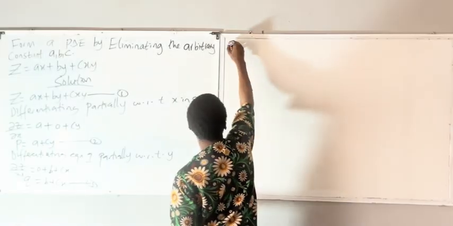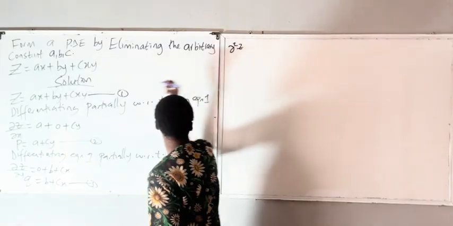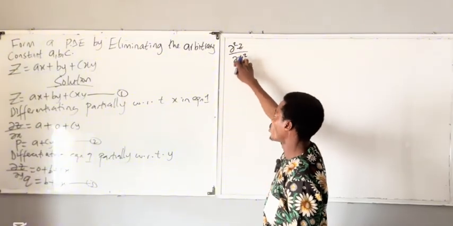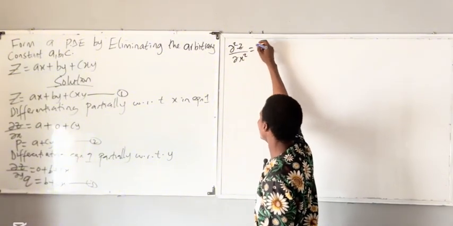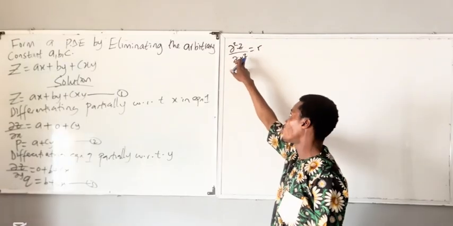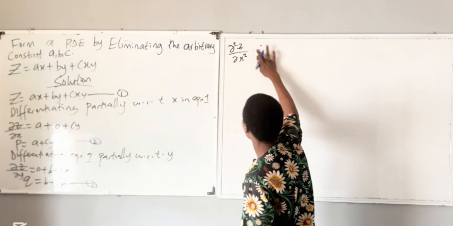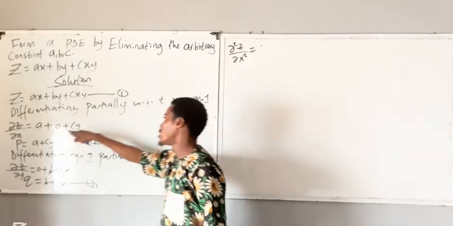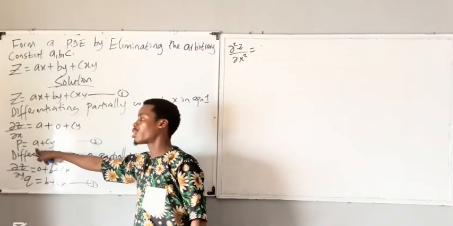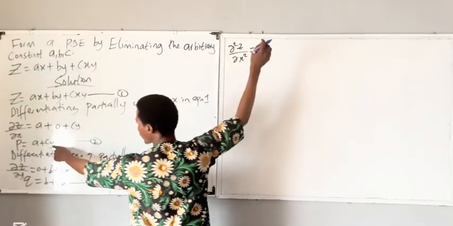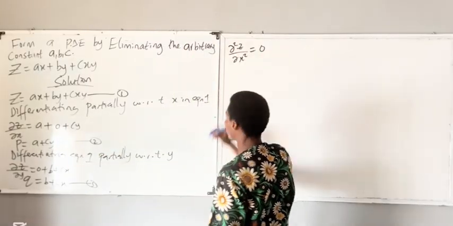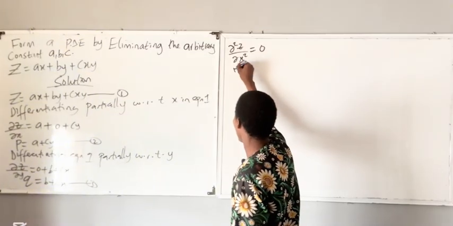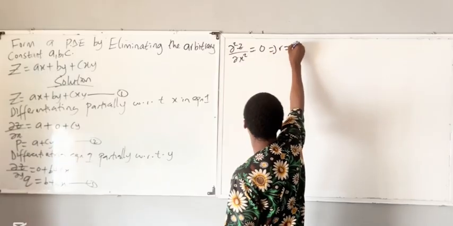It means I'm going to have the second partial derivative of z over x squared, and our notation for that is r. If I differentiate a here, I'm going to have 0. If I differentiate cy here with respect to x, I'm going to have 0. That means this one is 0. Therefore, r is equal to 0.